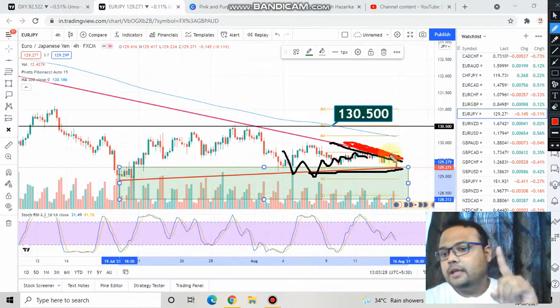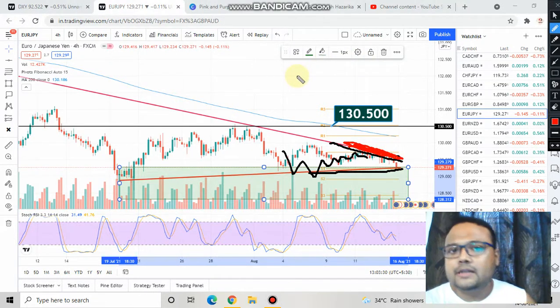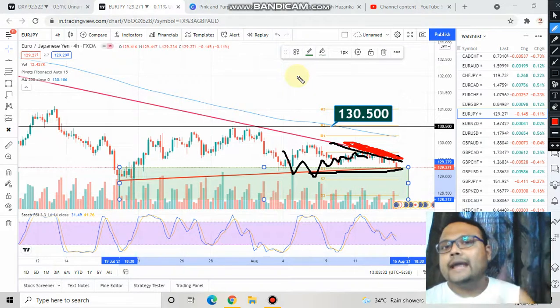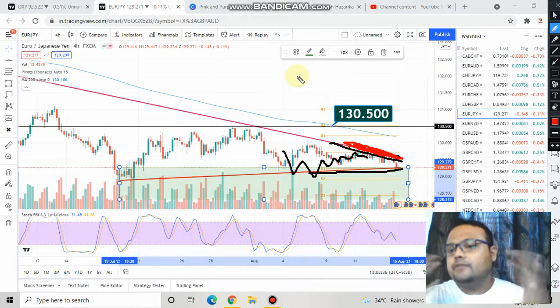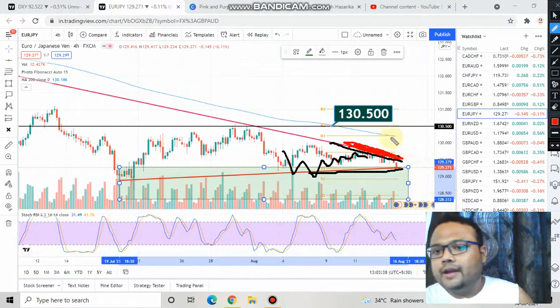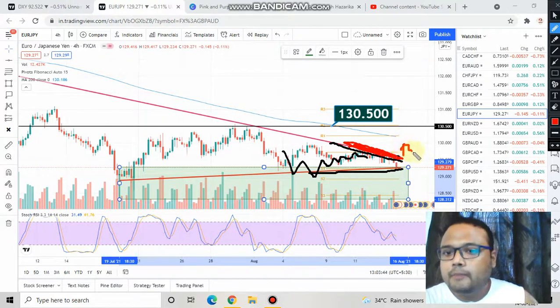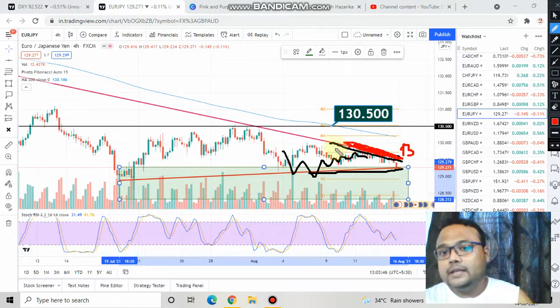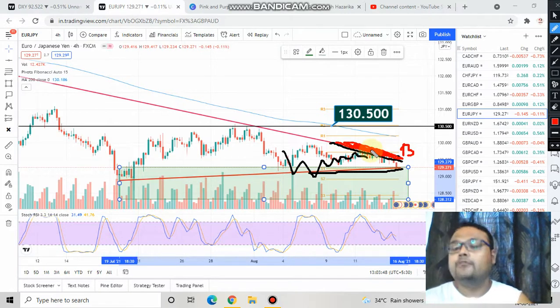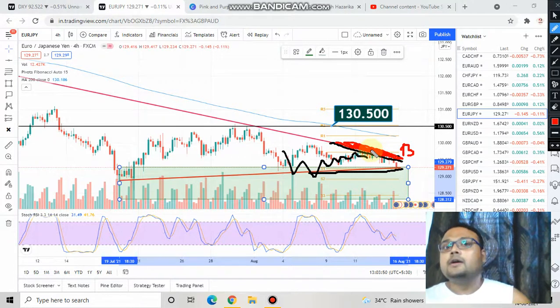Listen to me carefully. You should wait for at least 4 to 6 hours, because this trend line has been acting as a resistance for the market for quite some time. Therefore, you need confirmation. So if you find market trading comfortably after 4 to 6 hours as well, then you can easily go for buy above this trend line.